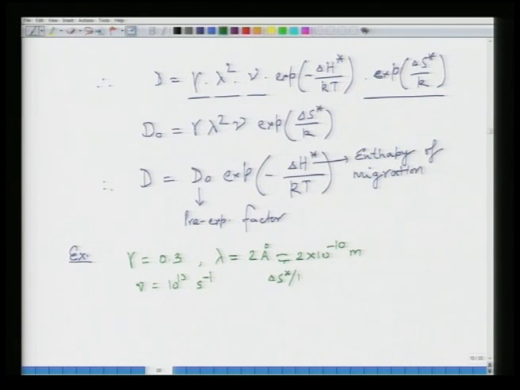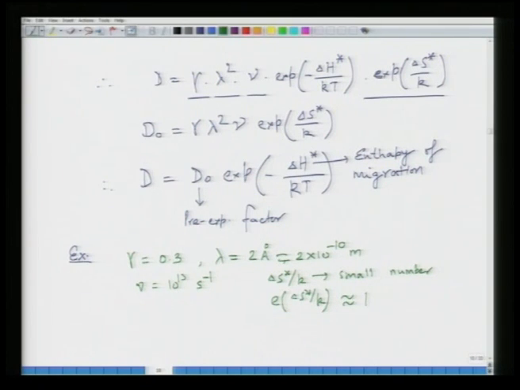this delta S star divided by k is some small positive number. Entropy change will always be positive, but since diffusion is a slow process, this delta S will not be very large. So, delta S is some small number, as a result exponential of delta S star by k will be almost equal to 1.